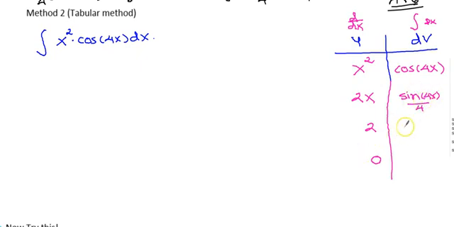The antiderivative of sine 4x is cosine 4x divided by 4, and I have another 4 that makes it 16, and that's the negative sign. The antiderivative of cosine 4x will be sine 4x divided by 4, and I have a 16, so that makes it 64, and then I'm going to inherit the negative sign.